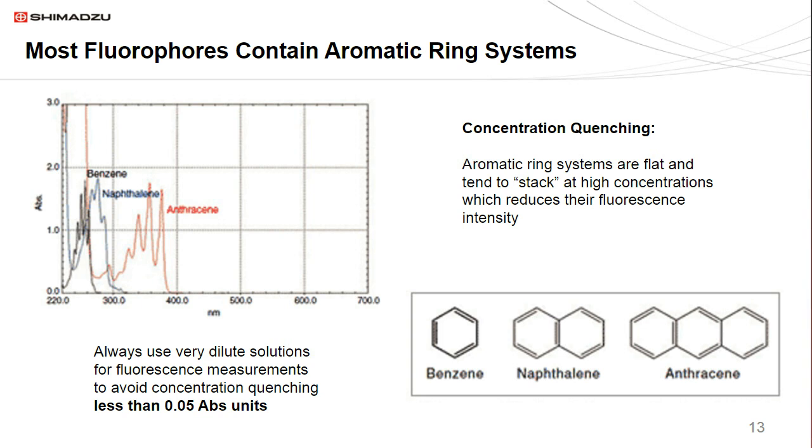When they stack like that, it reduces their fluorescence intensity and quenches the fluorescence. So a general rule of thumb is when you're working with these types of fluorophores, you want to work very dilute. By dilute, we mean at concentrations where the absorbance at the excitation wavelength is less than 0.05 absorbance units.